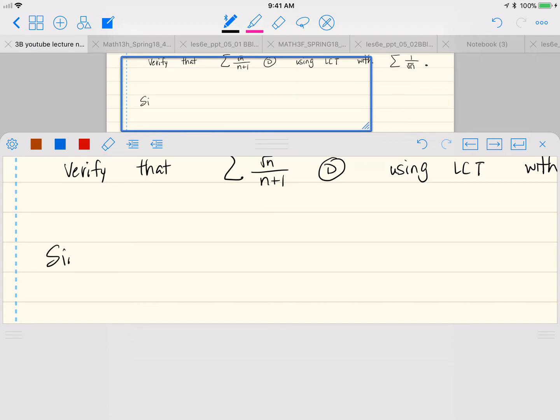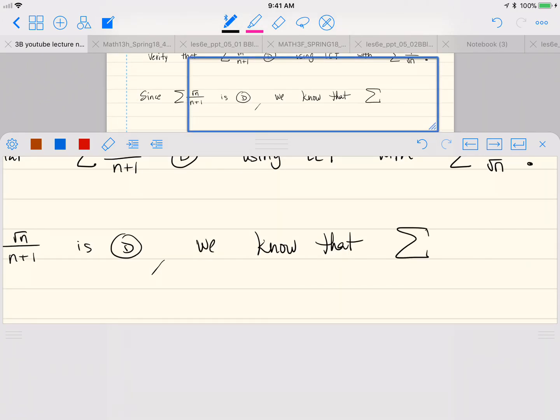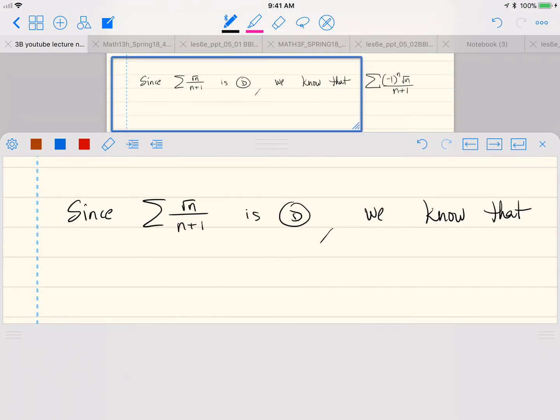So since our series, square root of n over n plus 1, is divergent, we know that the original series, negative 1 to the n, square root of n over n plus 1, is either conditionally convergent or divergent.